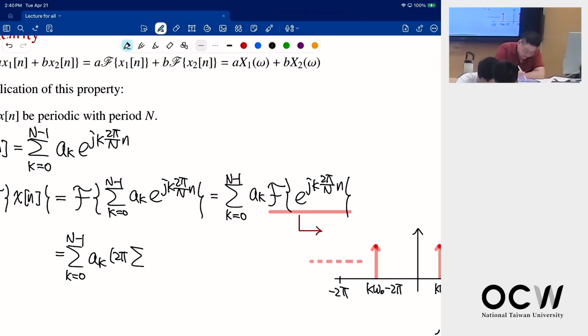The Fourier transform will be 2 pi times a delta function, a pulse train, with l from minus infinity to infinity.